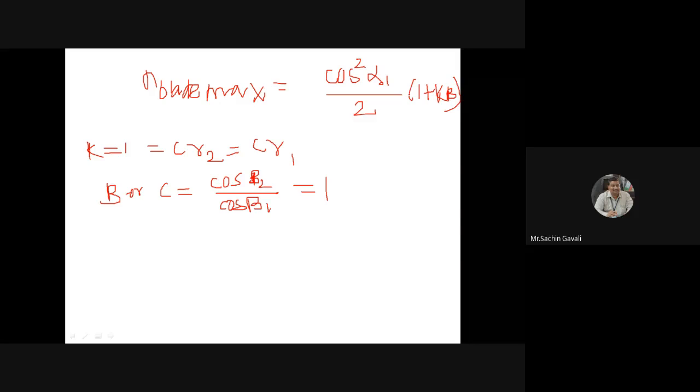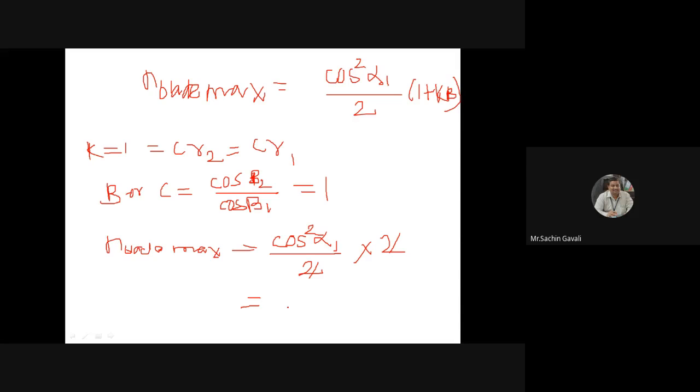Okay, and in that case this k is 1, beta is 1, b is 1, or c is 1. So what value will eta blade maximum come to? It will be cos square alpha 1 divided by 2 into 1 plus 1 into 1, it will become 2, and in that case this 2 will get cancelled, and here the maximum blade efficiency we are getting is equal to cos square alpha 1.